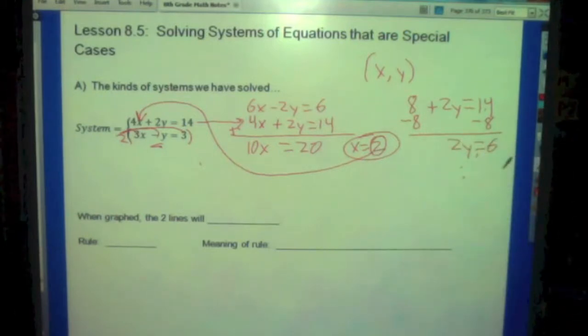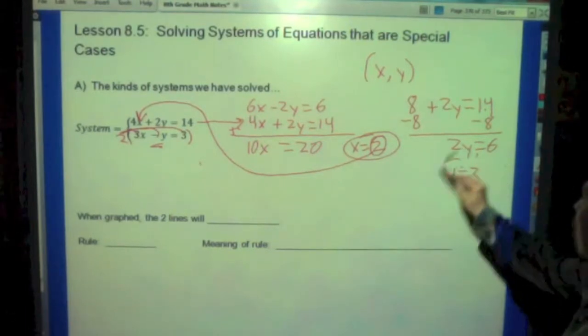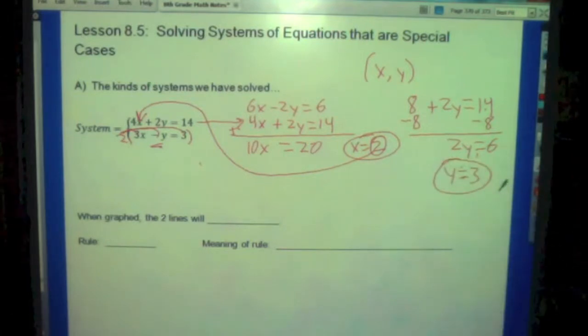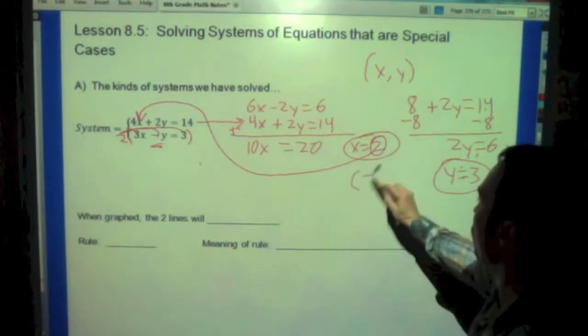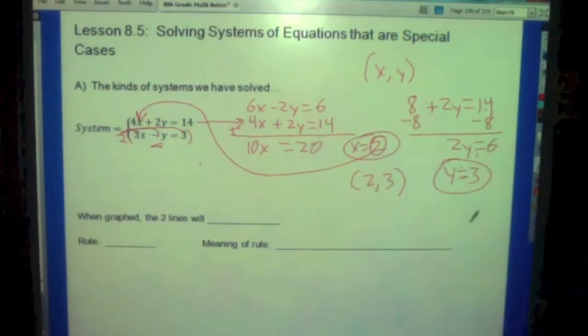I'm down to 2y equals 6, so y is going to equal 3. There's my coordinates. I have a number for x, and I have a number for y. If we were to graph these two lines, they would cross at (2, 3).